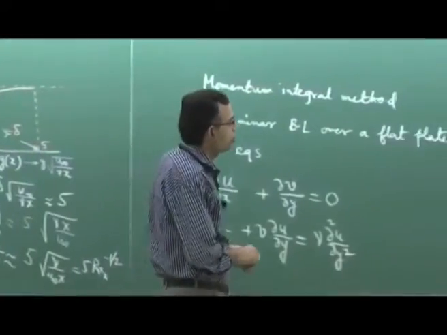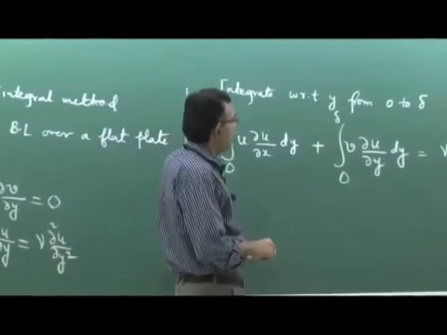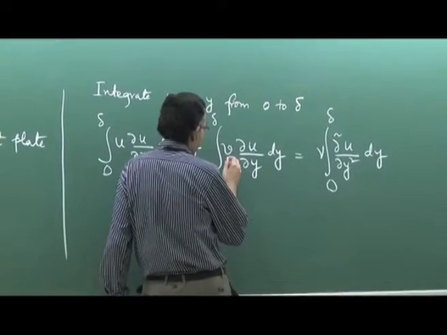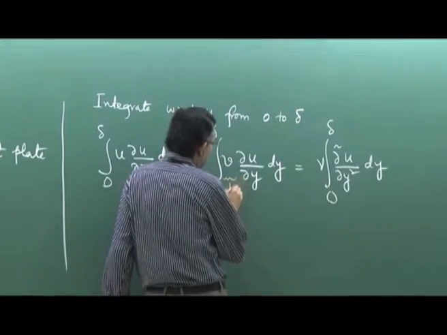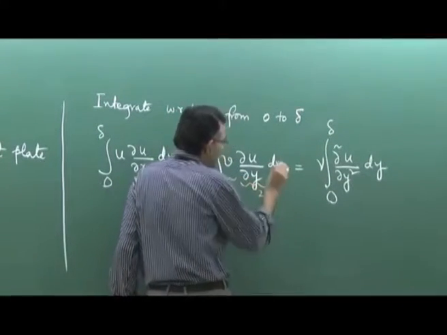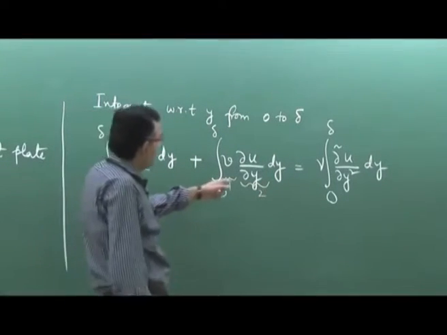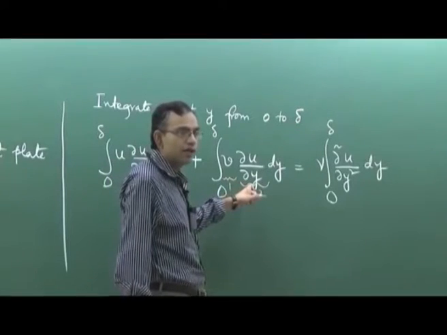Then what we do? Well, we simplify the second term. For that we integrate by parts. So this is the first function, this is the second function. The reason is obvious, because the second function is having a higher order derivative.